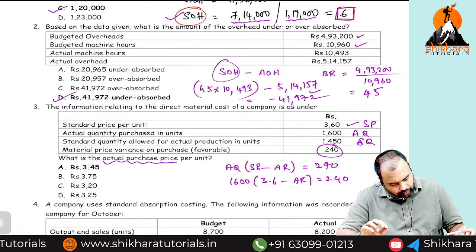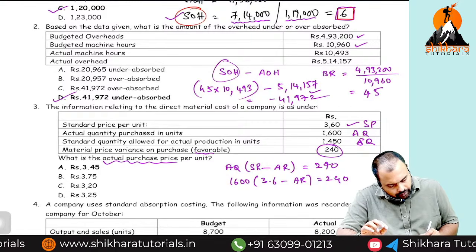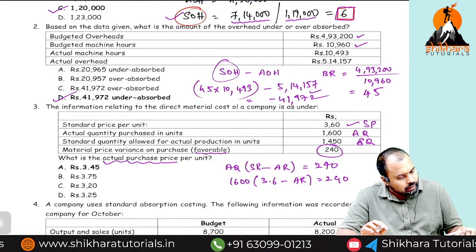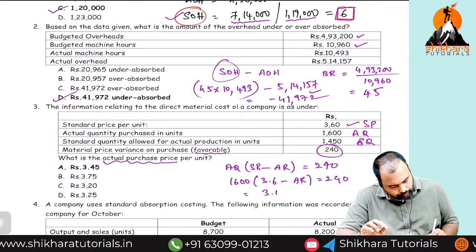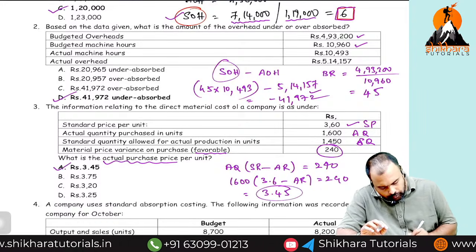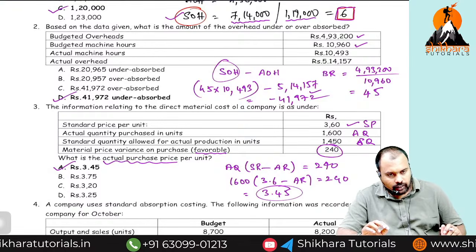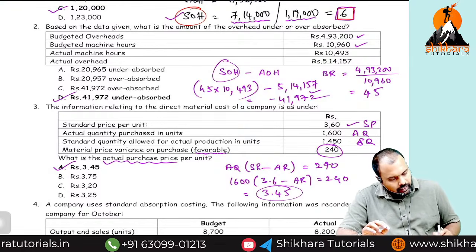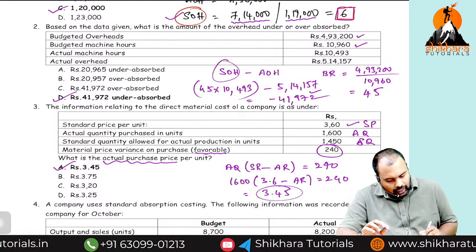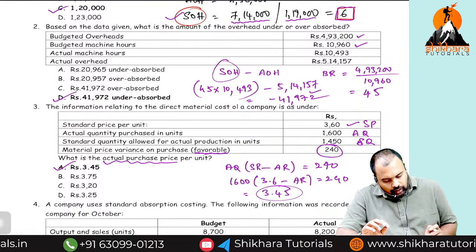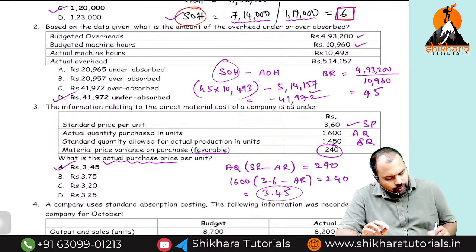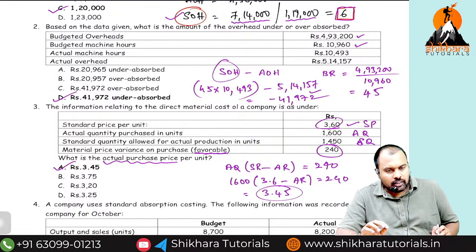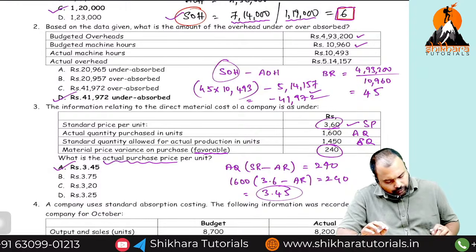Difference is 0.15, and they said it is favorable. It means actual cost is lower. So 3.6 minus 0.15 is 3.45. So 3.45 has to be our answer. As it is a favorable price variance, actual price has to be lower, then only it will be favorable.